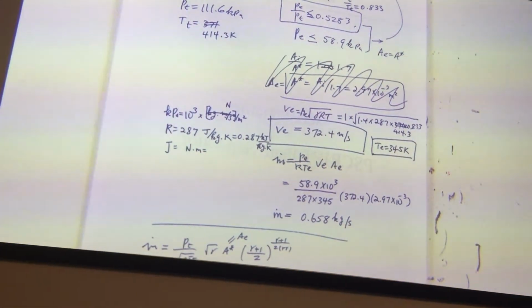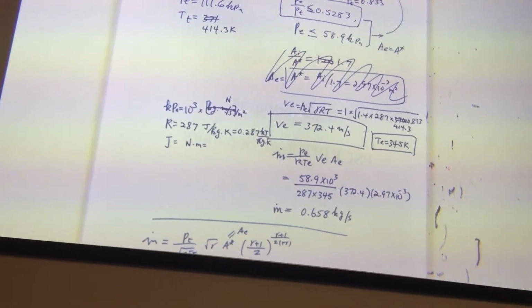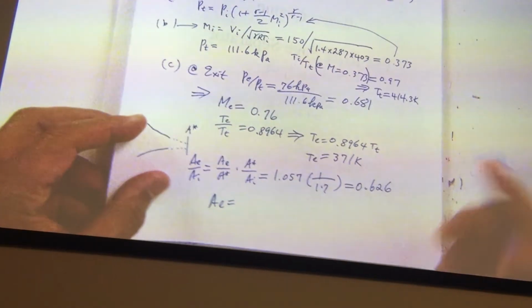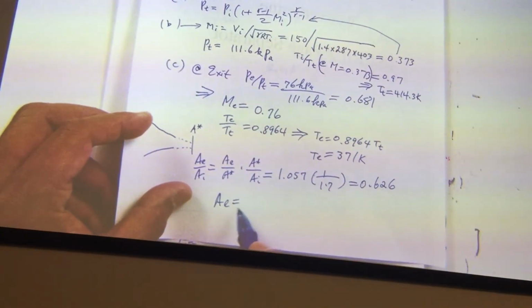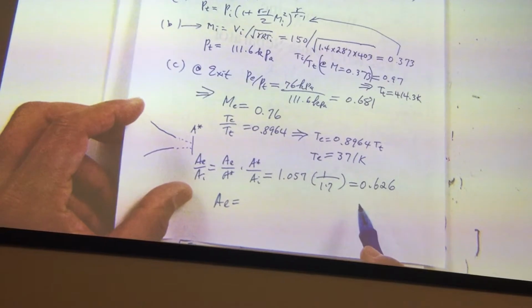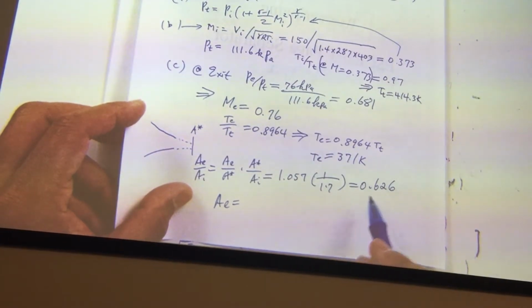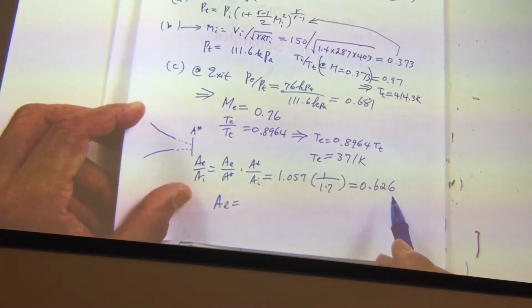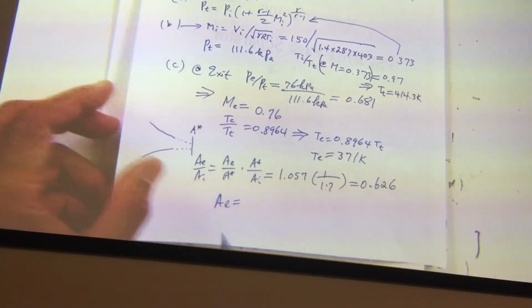So, what I'm saying here is that early on in this example, what is our AE? You really need to calculate this AE, right? Then we already calculated, it's 0.626 of AI.